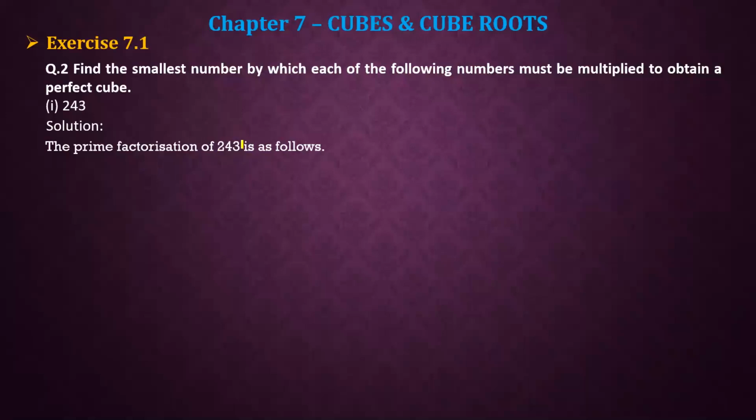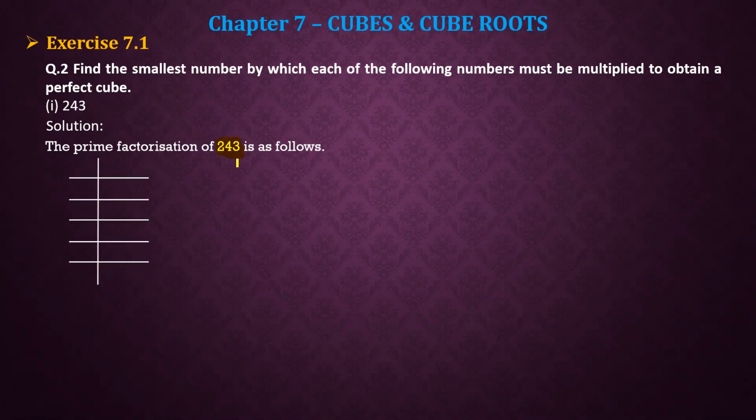Only then is it possible to find the smallest number by which we are going to multiply. So we have to consider the prime factors of 243.